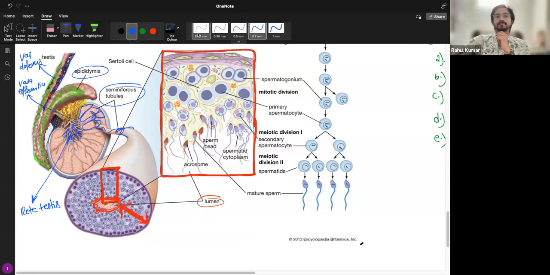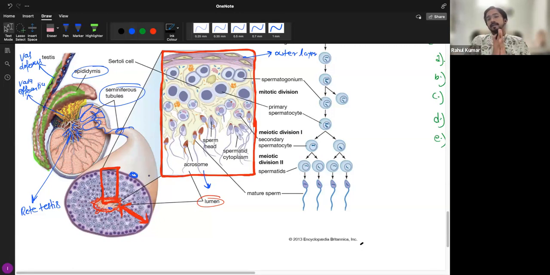Yes, sir. Perfect. Now let's see what's happening in the wall. So towards the top, which is here, this is the outer layer, right? And towards the bottom, which is like this, it is lumen, right? So everything is happening between the outer wall and the lumen. Is it clear?